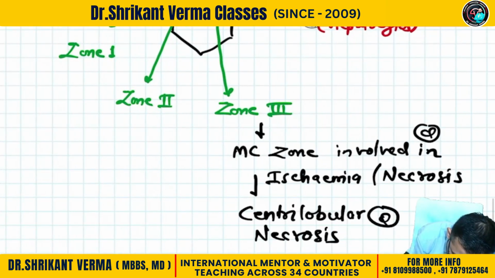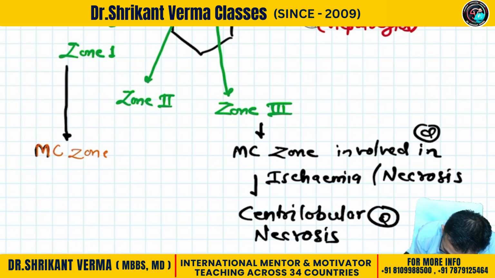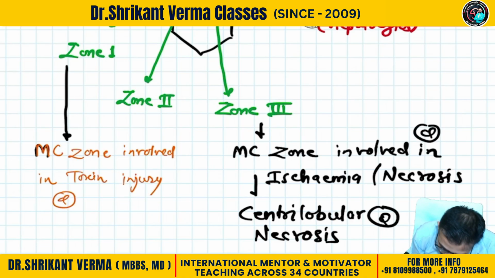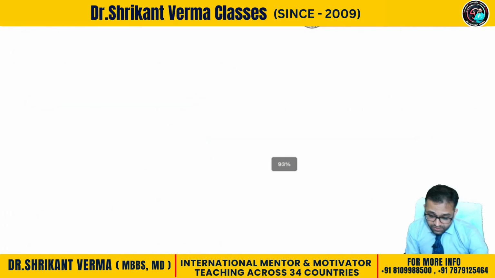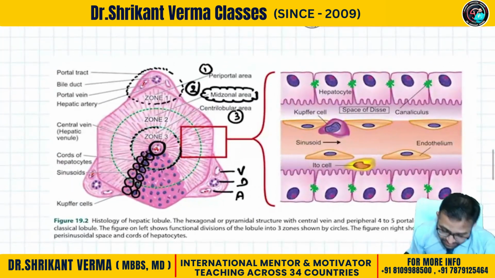Zone 1, it is our most common zone involved in hepatotoxin or any kind of the toxin. So these are the two very important questions. Fine. So try to understand the same thing.